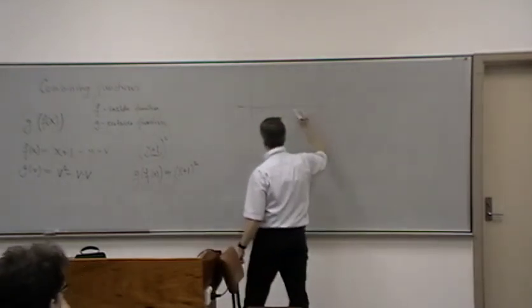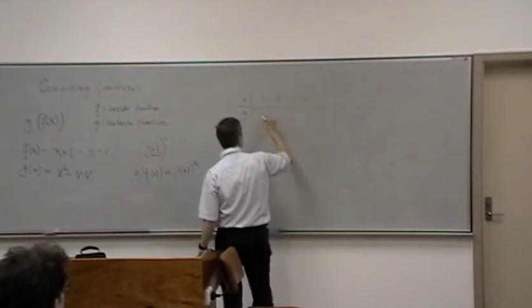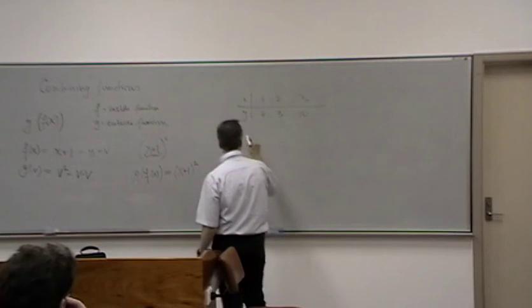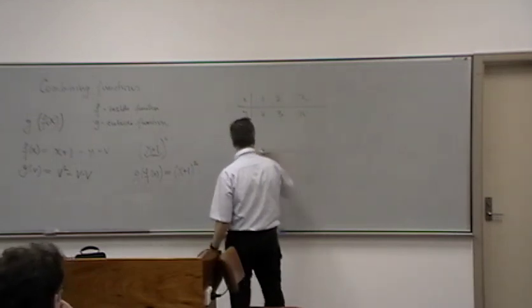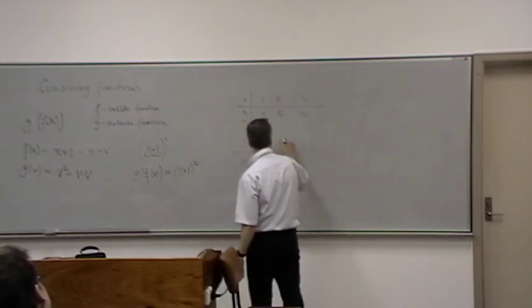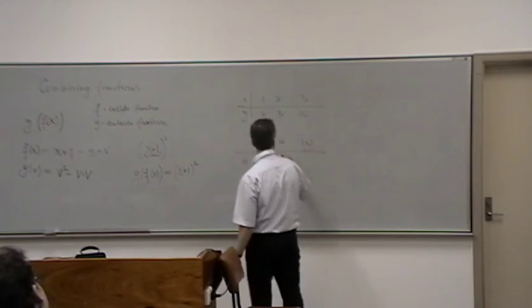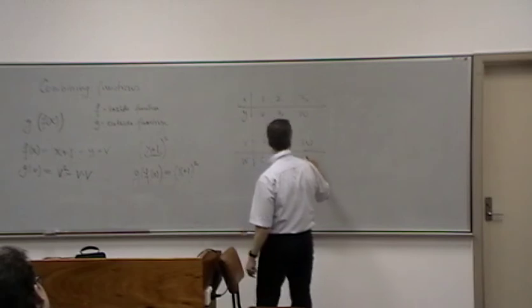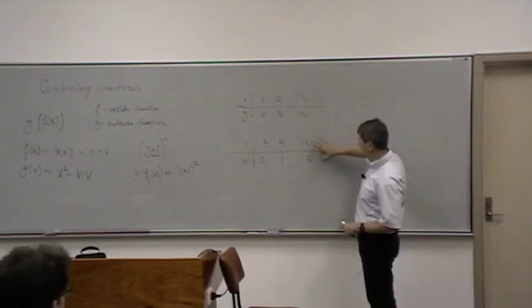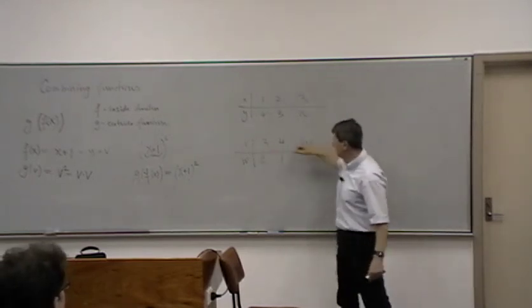If I have a function, say 1, 2, 3, 4, 3, 10, and I have another function here, which happens to be the inverse function, 3. You see what I have done here is swapped the upper and the lower line and reordered a little bit, but the order doesn't matter here.